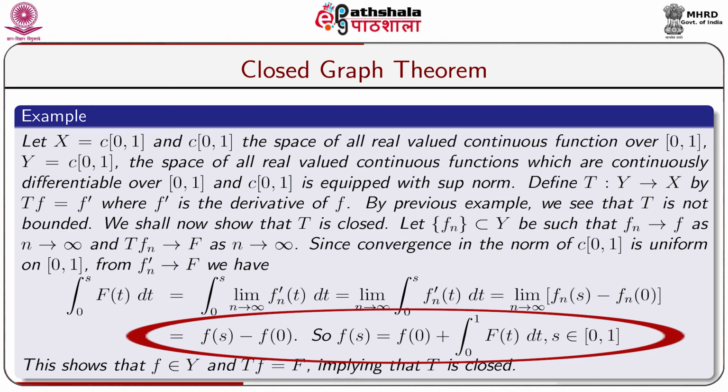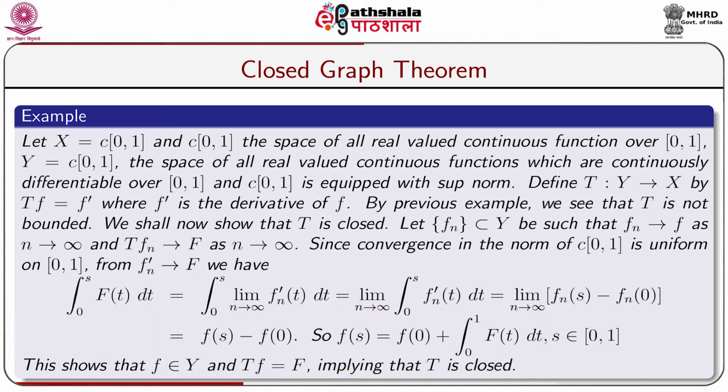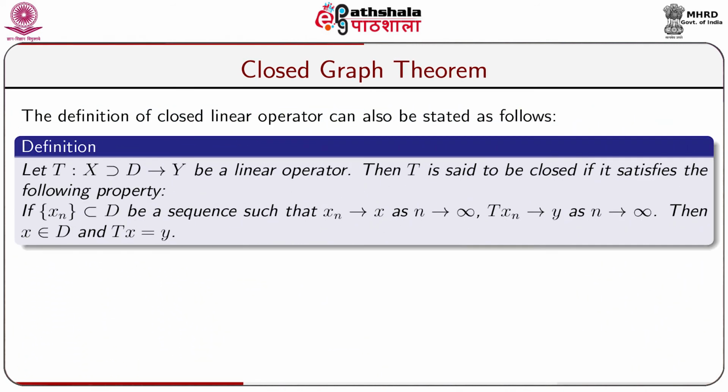So f(s) is equal to f(0) plus integration 0 to s of g(t) dt, where s is taken from the closed interval [0,1]. This shows that f belongs to Y and Tf is equal to g, implying that T is closed.